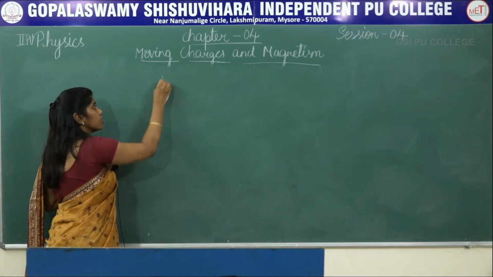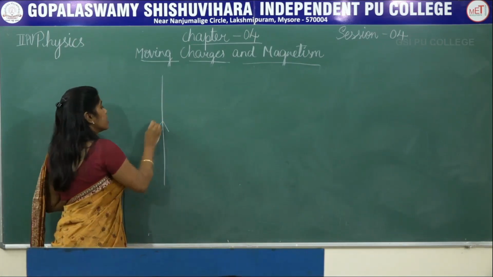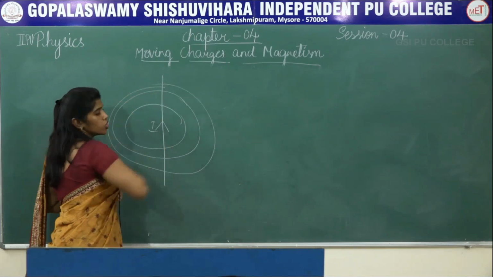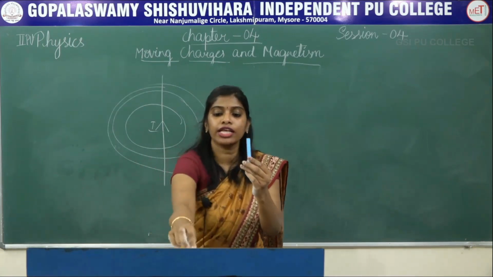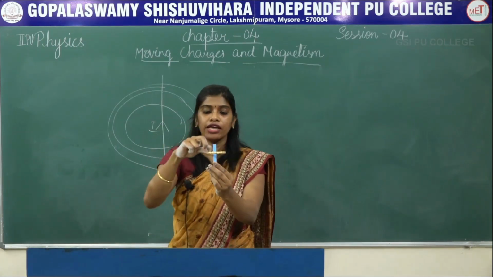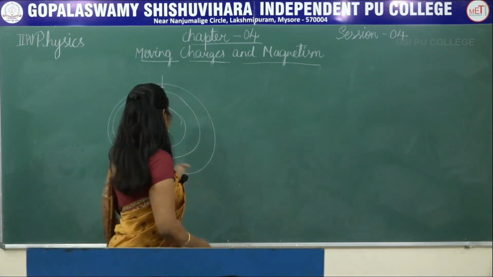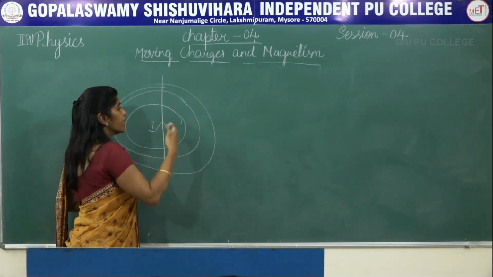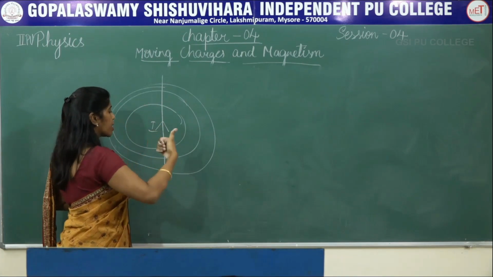If I have a linear current carrying conductor, then the magnetic field will be circular. So if this is a current carrying conductor, then the magnetic field will be like this. It will be circular. And if this is the direction of the current, the magnetic field will be in this direction. That is, it is going in and coming out.